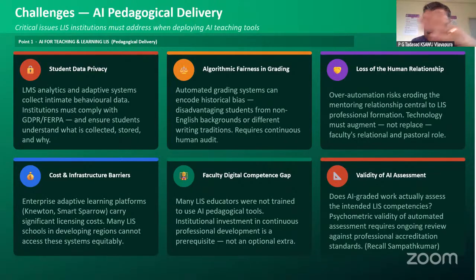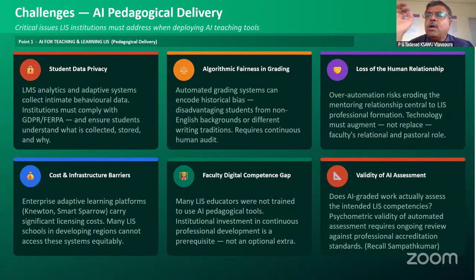Maybe your brother, sister, some people might be facing it. They are facing this problem, algorithmic fairness in grading. They might be using terminologies which are familiar to them, but the expectation of the grading system is that of a highly adapted system. So this is one challenge which may pose an obstacle for learning.